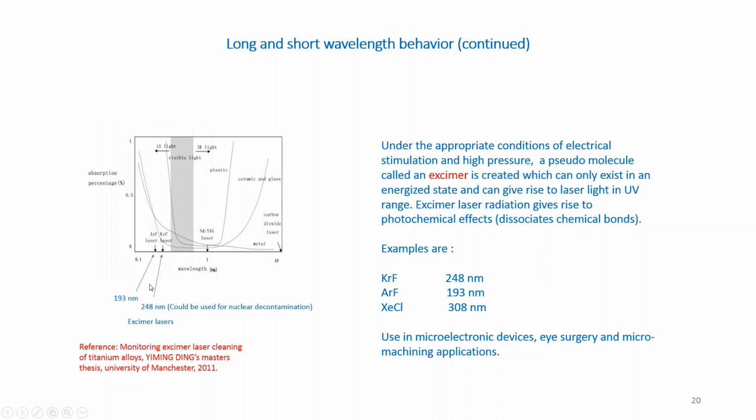These are the UV lasers, 193 nanometer to 248 nanometers, shown in this region. They're excimer lasers. And you can see for plastic and ceramic, the CO2 lasers work very well. They have high absorption. The neodymium YAG laser at 1 micron does not have that much of an absorption.